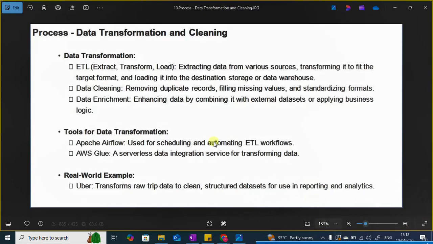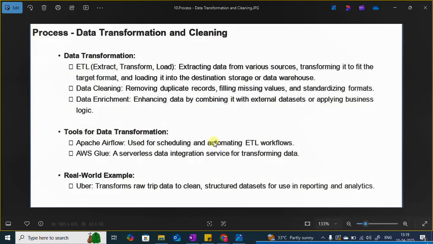Coming to data transformation and cleaning, as I told you, as part of data transformation we are implementing ETL: extract, transform, and load. Basically, extract data from various source systems, that is extraction, then transform it into the target format, maybe JSON, CSV, Parquet, or Avro, whatever format is required based on the client requirement.